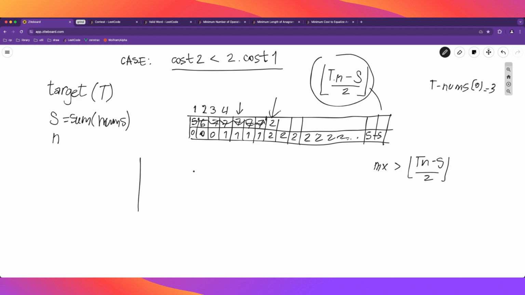One way of seeing this, I don't know if this makes sense to you, or we can think about it like this.